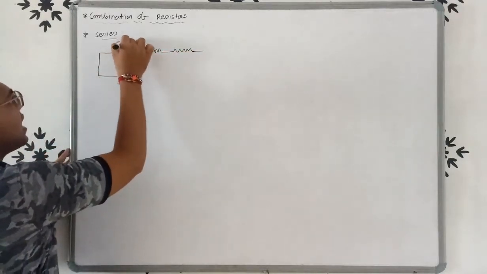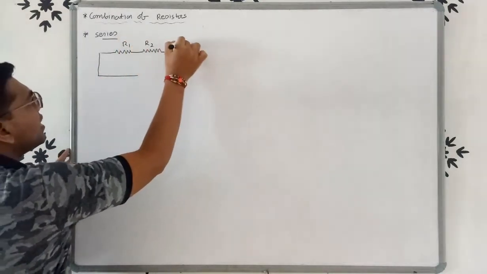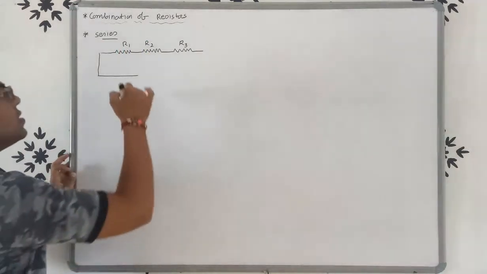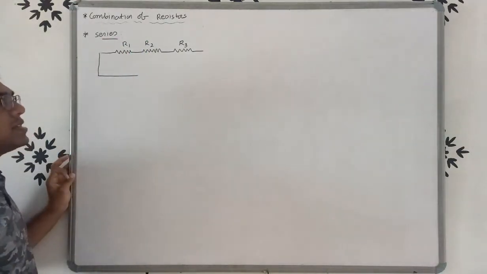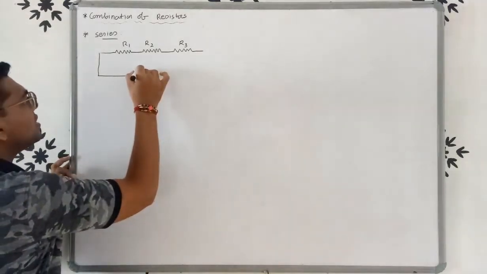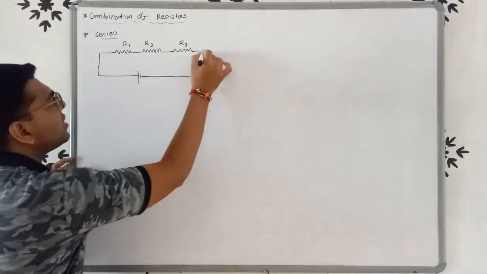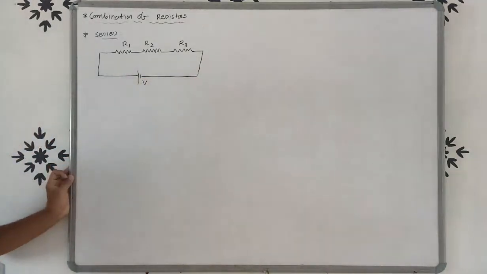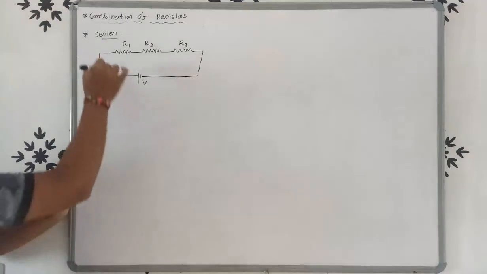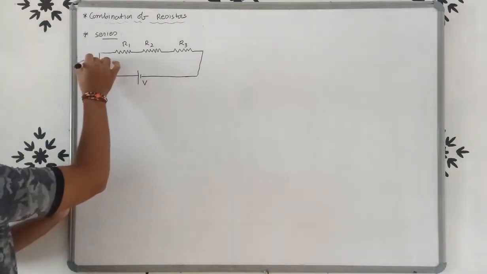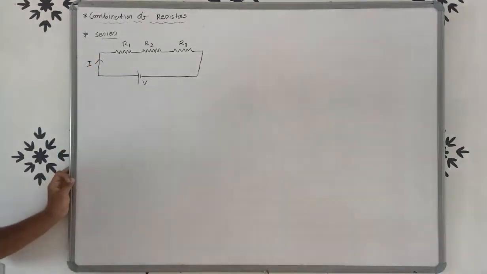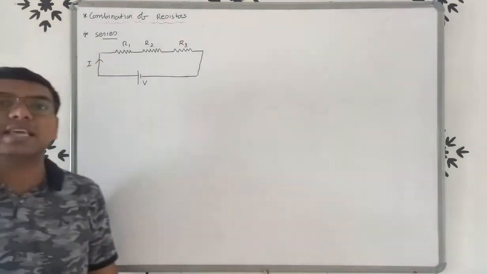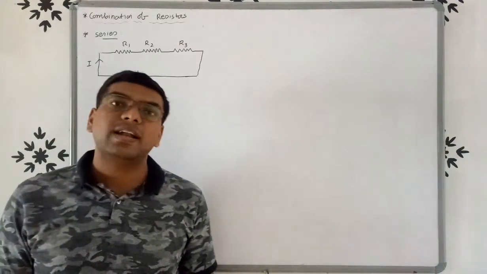The resistors R1, R2 and R3 are connected such that the current through them remains the same. Here this is the battery, and the voltage of the battery is V. The current through resistors R1, R2 and R3 is the same.